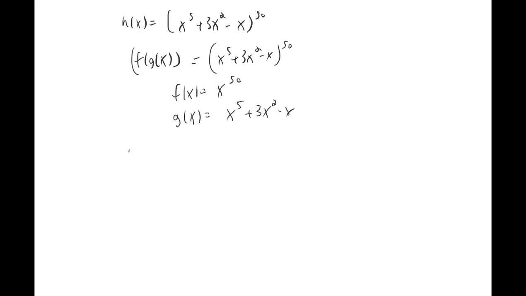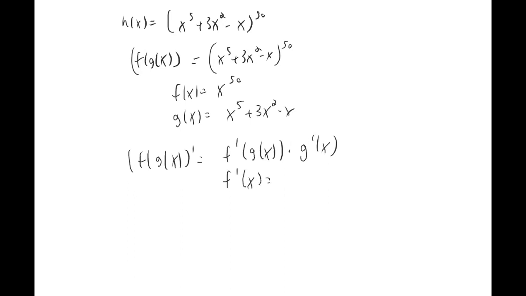Chain rule tells me the derivative is f prime of g of x times g prime of x. So again, step by step, f prime of x is the derivative of x to the 50, so this is 50x to the 49, that's 50 minus 1.